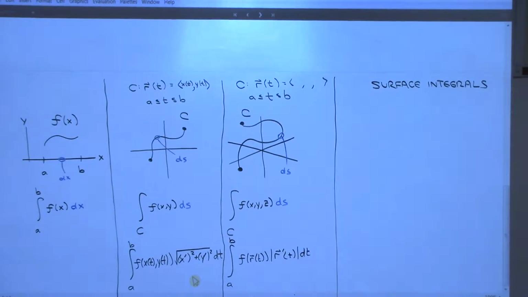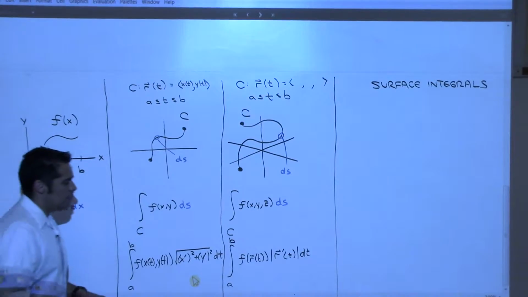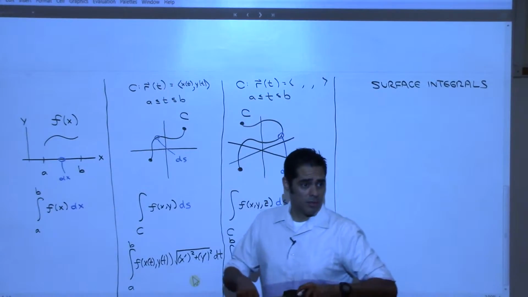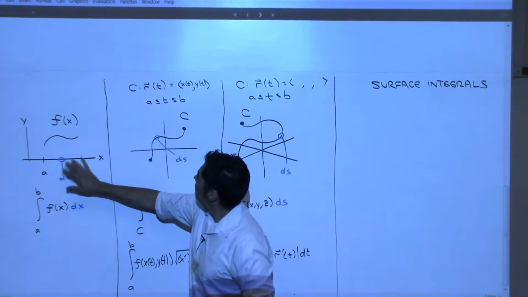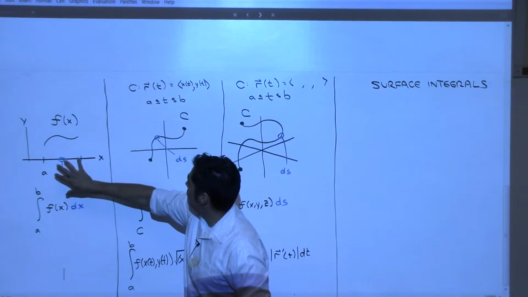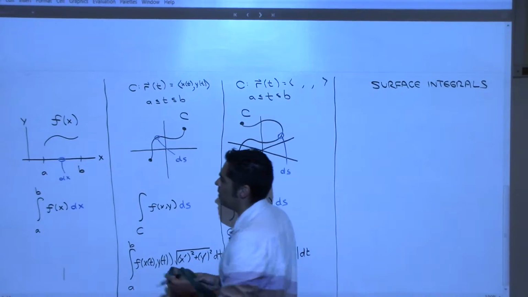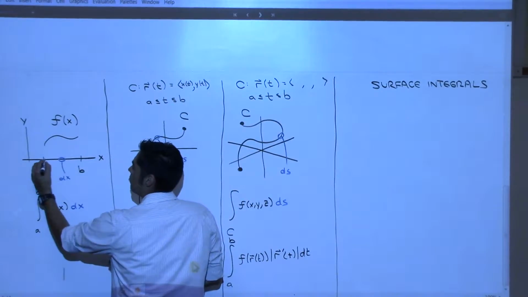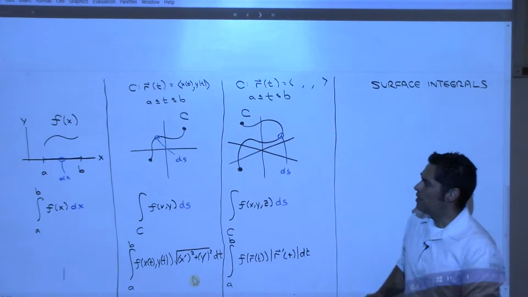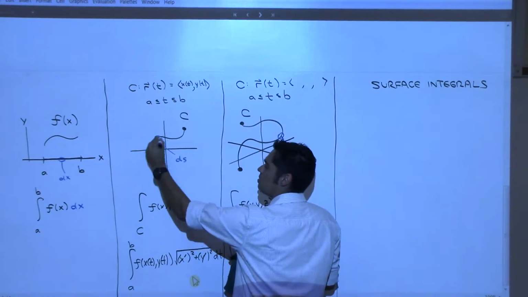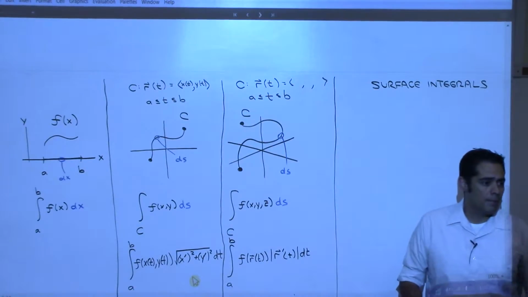Good? Then we learned that we can do these things called line integrals in this chapter, which is just a slight adaptation of this, where instead of your curve being a straight line segment on the xy plane, we can actually allow that curve to move around anywhere we want in the xy plane.